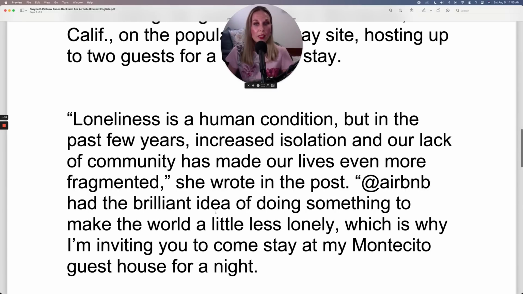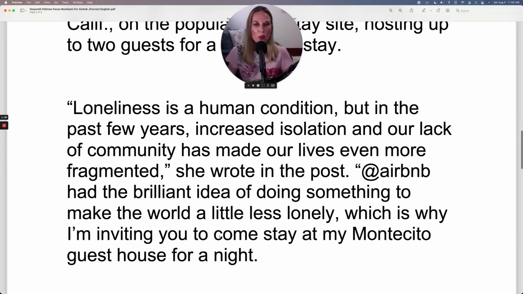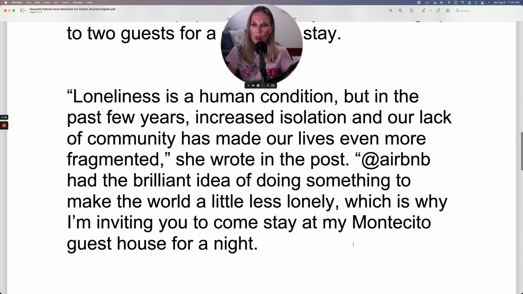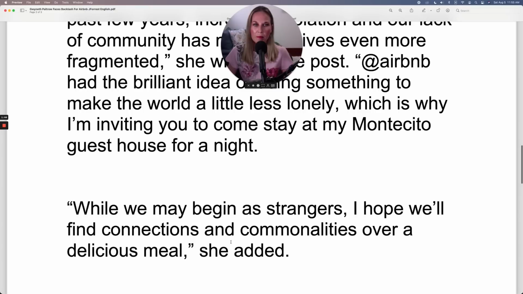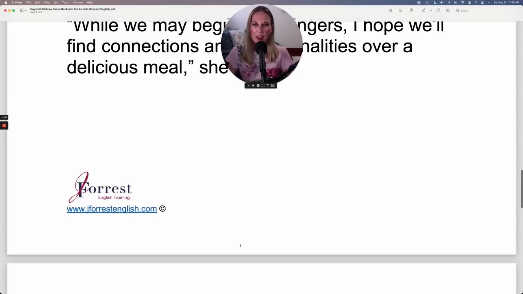"Airbnb had the brilliant idea of doing something to make the world a little less lonely, which is why I'm inviting you to come stay at my Montecito guest house for a night. While we may begin as strangers, I hope we'll find connections and commonalities over a delicious meal," she added.